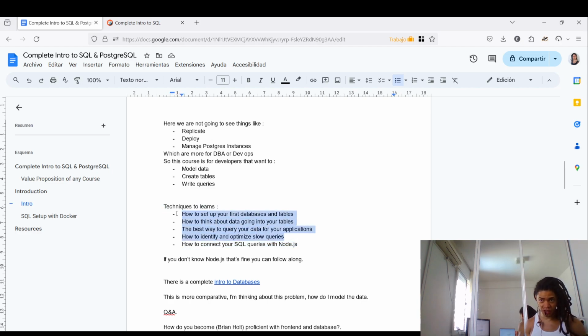But for this I'm quite familiar with it, right? How to set up your first database using Docker, I don't have any problem with that. And the other is the tables. But the other is these three key aspects. They are very, very important.